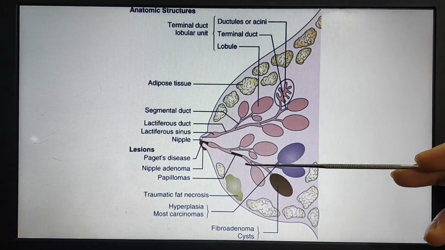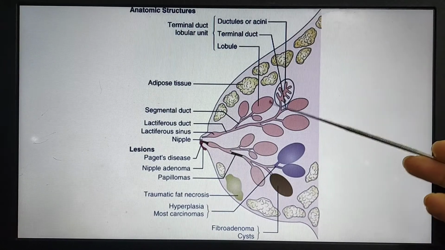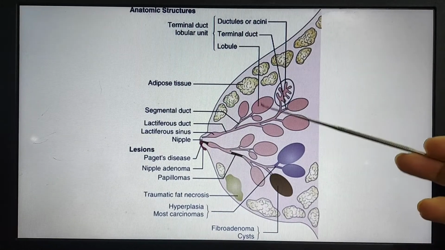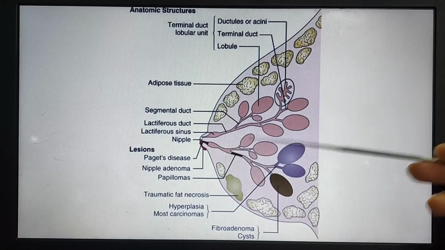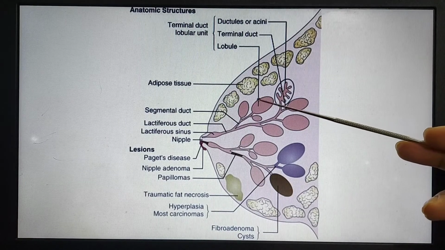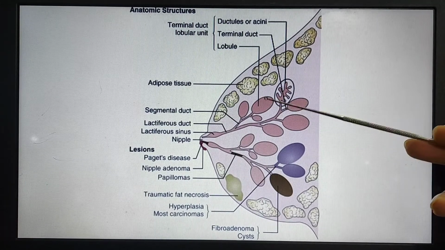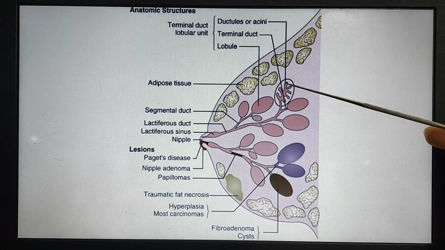There are 15 to 20 lobes in each breast, and each lobe has some lobules. Here is a small lobule, and the glandular part of the breast is situated within this lobule. Within the lobule we see some acini, or alveoli.